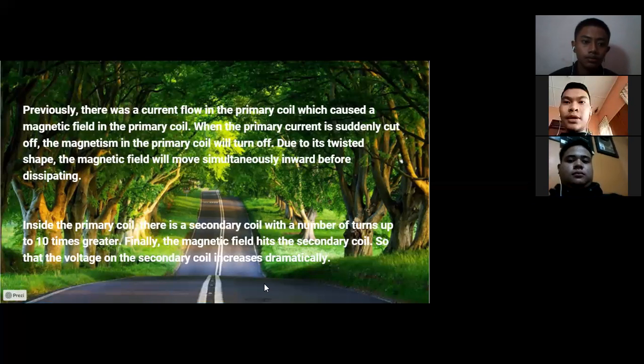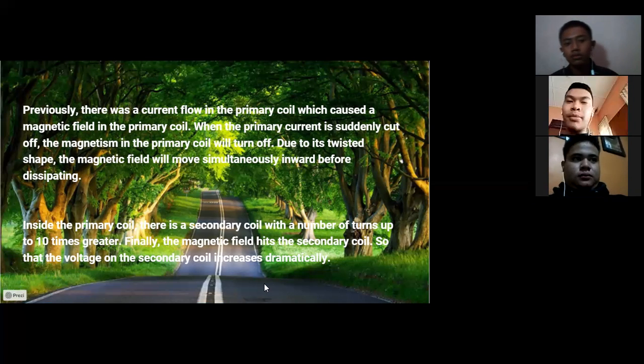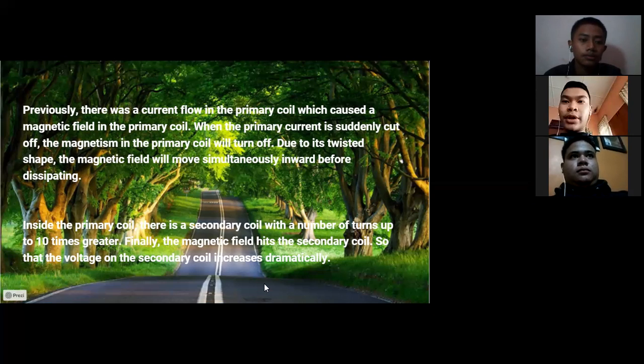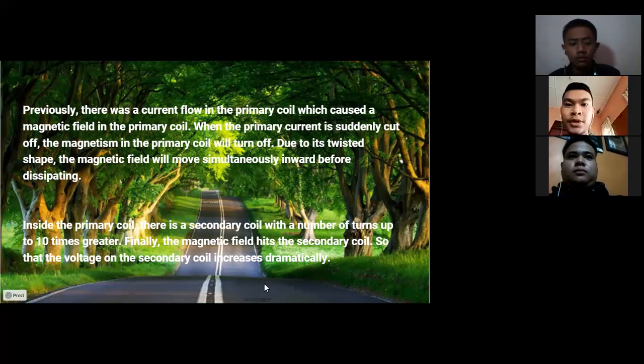Previously, there is current flow in the primary coil which causes a magnetic field in the primary coil. When the primary current is suddenly cut off, the magnetic field in the primary coil will collapse. The magnetic field will move inward before dissipating. Inside the primary coil, there is a secondary coil with a number of turns up to 10 times greater.